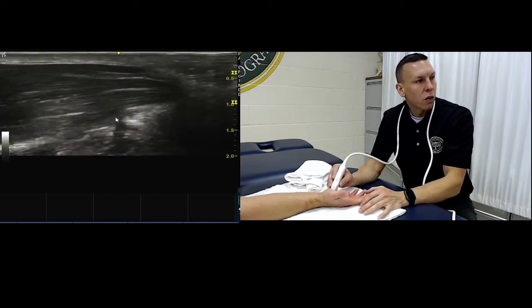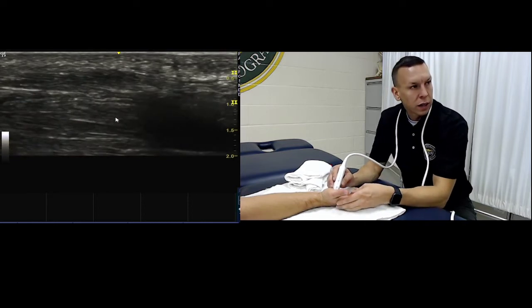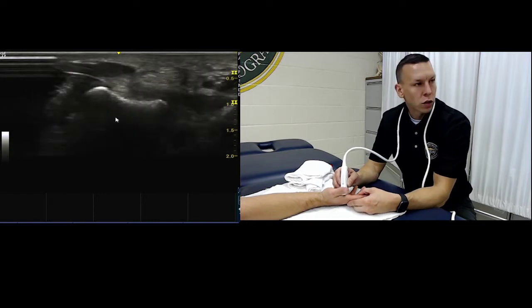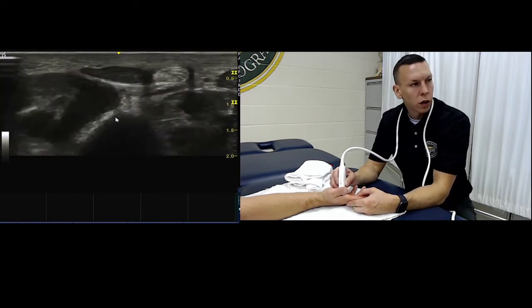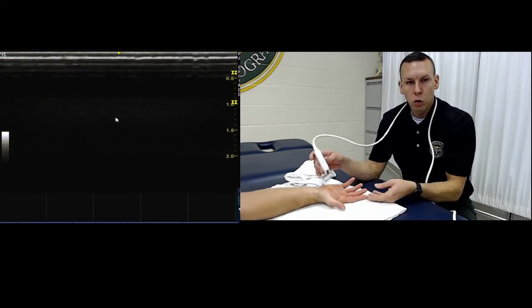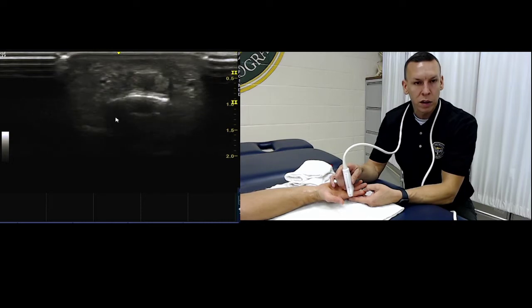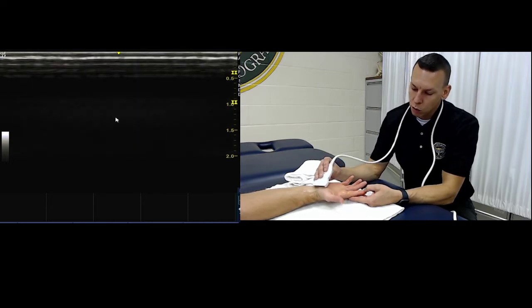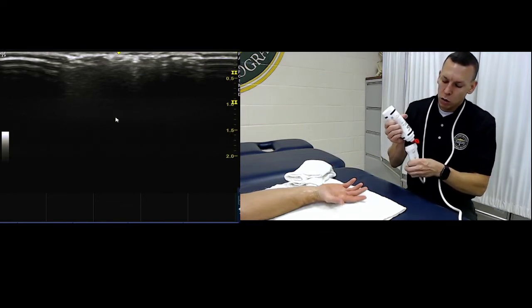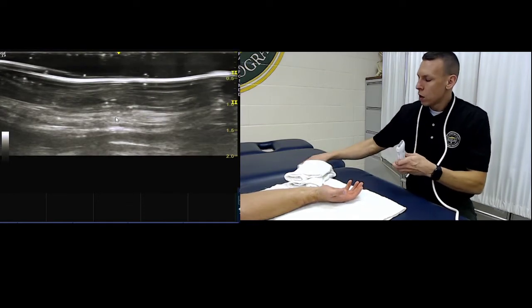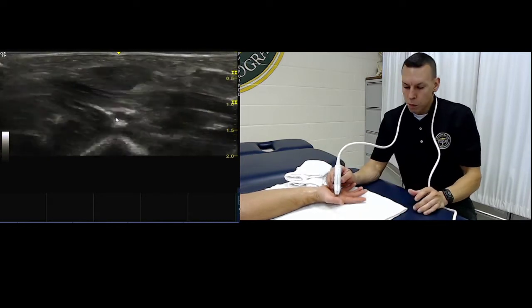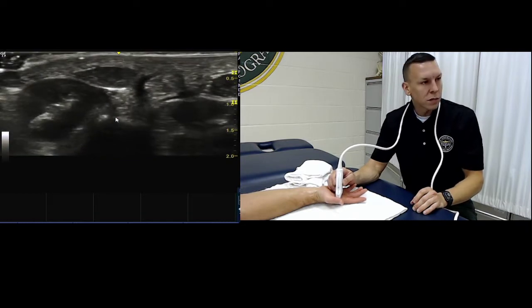But if you move down into the hand, here's where you can start to see a lot of different structures. Here as you move down, if we want to look at all the flexors, as we move down into the hand and come down into the fingers, make sure you review your anatomy as far as where your A1, A2 pulleys are, etc. But the easiest thing is you put it in the palm right before the MCP.